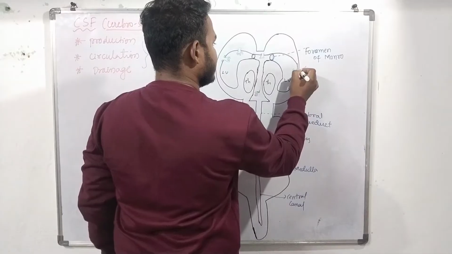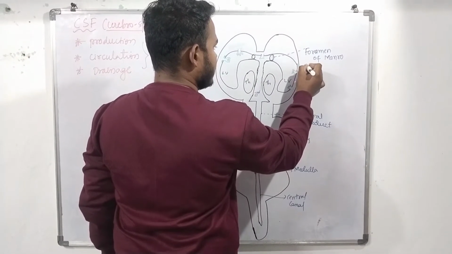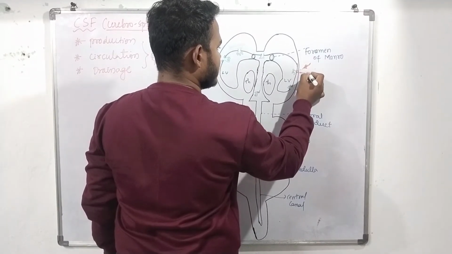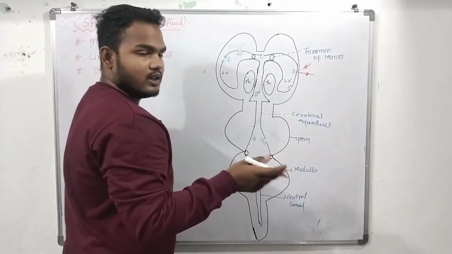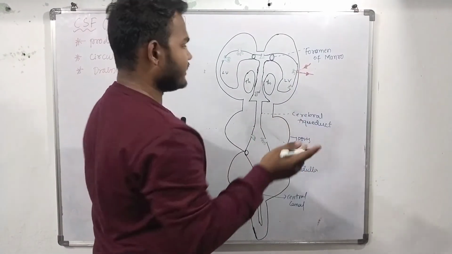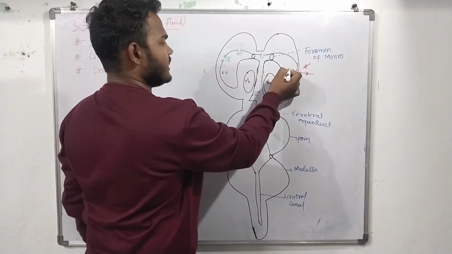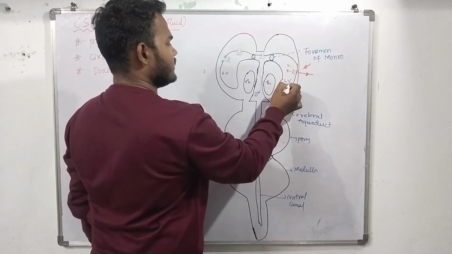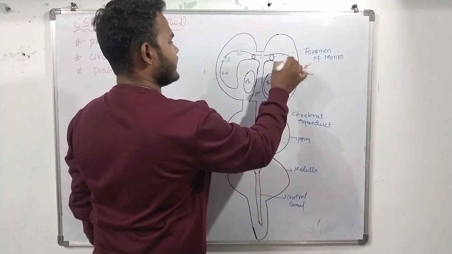The arterial blood goes to the choroid plexus, and whatever fluid is needed drains into these ventricles, and then there is a release of CSF into the ventricle from this choroid plexus. Okay, I think it is clear.